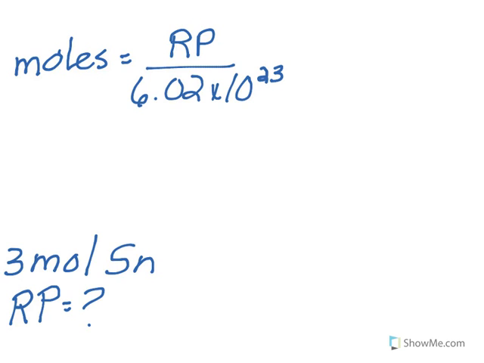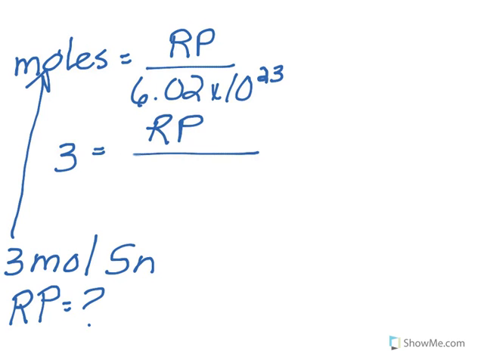Okay, we have 3 moles of tin. That can be plugged right into the mole portion of our formula. Representative particles remains our variable, divided by 6.02 times 10 to the 23rd.